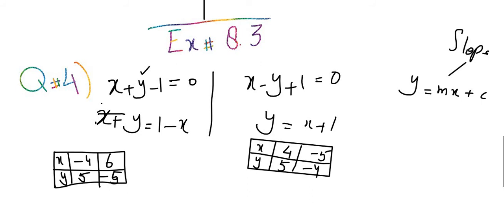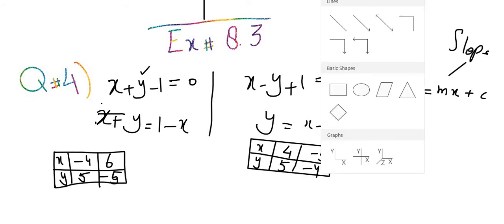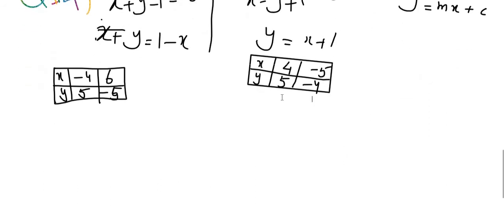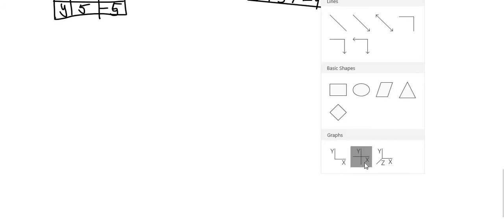When I put these pairs in the graph, I get a graph like this. Now the required graph will be like this. You can draw it with the help of a scale.